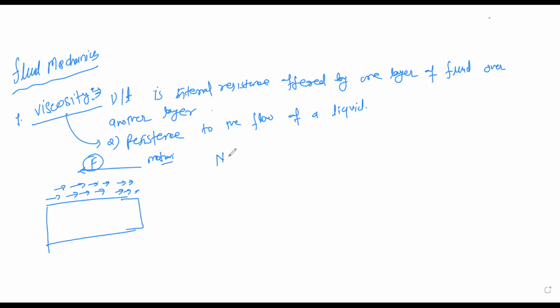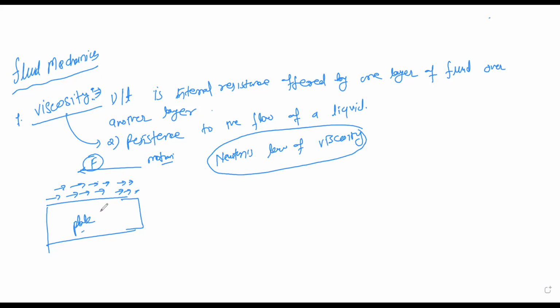That law is called Newton's law of viscosity. Newton's law of viscosity talks about the shear stress. Whenever the fluid is flowing over the flat plate in a parallel way, one shear force will be generated.